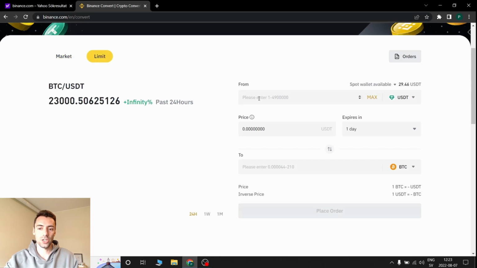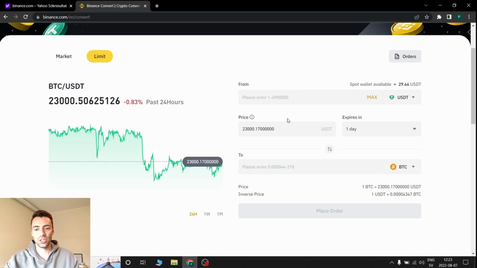In the limit, you can set the price. For example, you want to change this amount of USDT. You set the price.